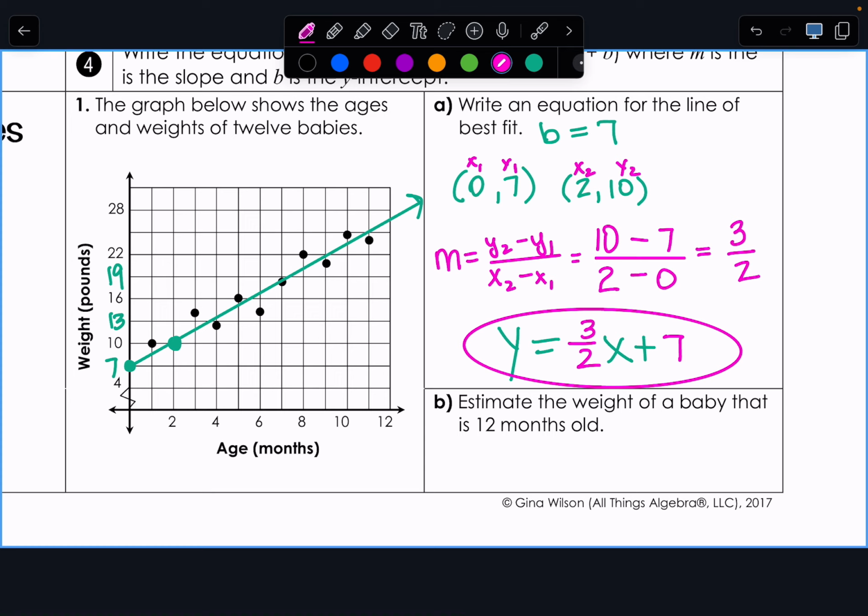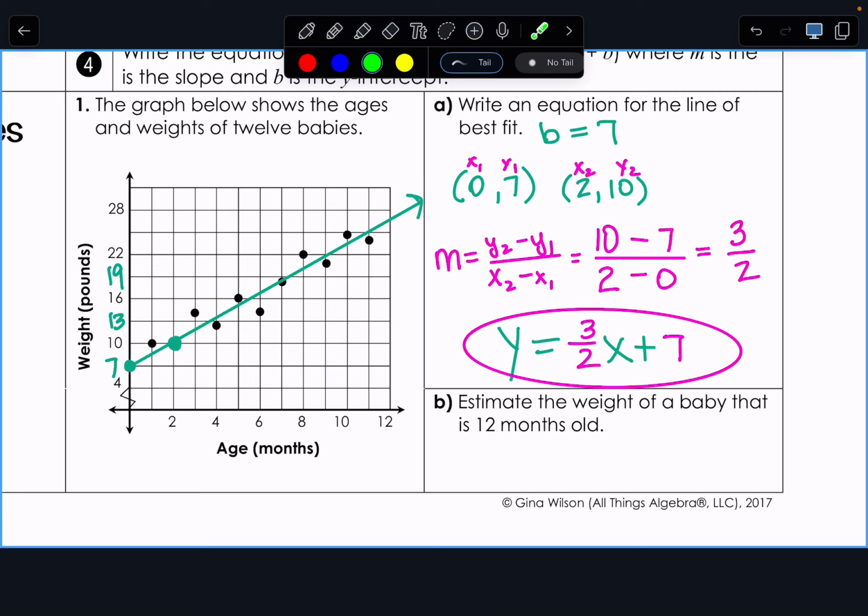Hey, and we're going to be able to use it to help us predict the trend, okay? I want to estimate the weight of a baby that is 12 months old according to this data. So here is my line of best fit. Here is the equation for the line of best fit.